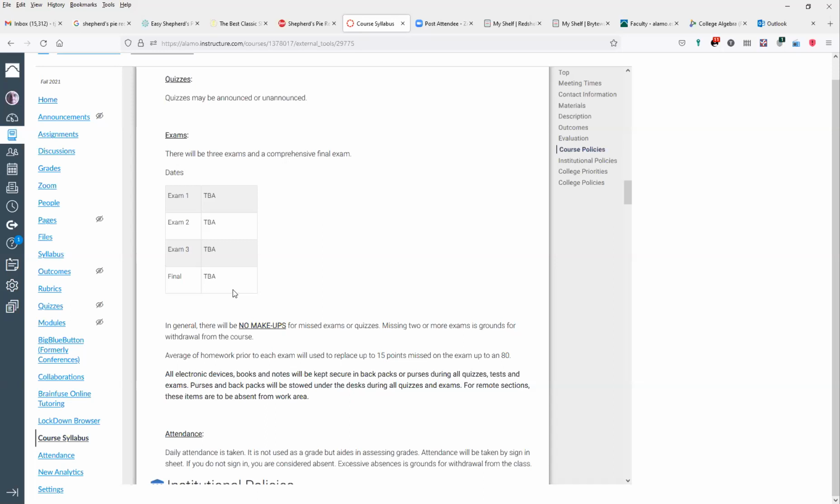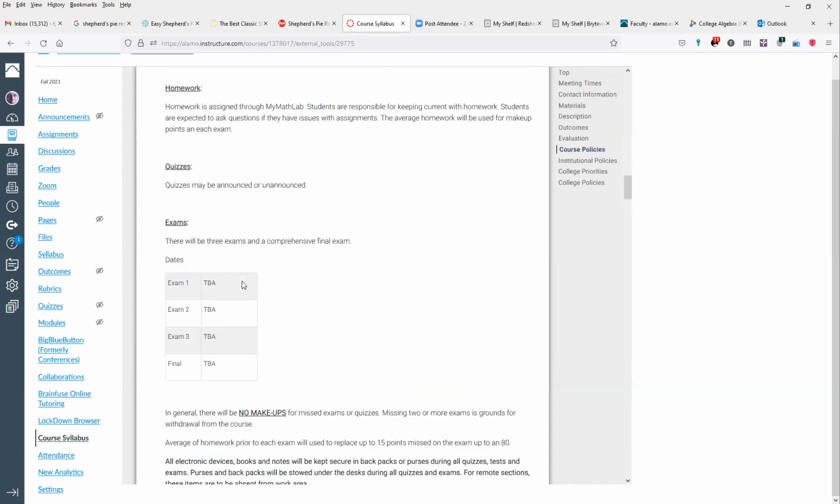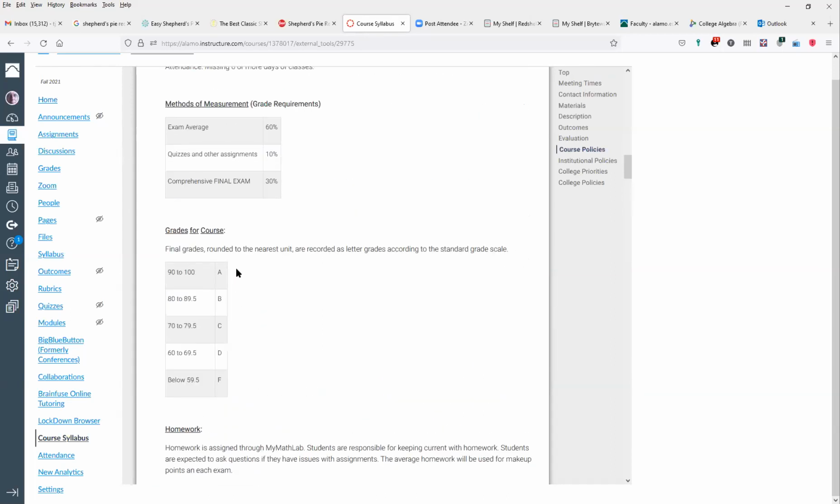Actually, it was a high C, because that was a 0 with 2 A's being averaged, which averaged kind of low. And then the final, as well as this other 10%, helped.